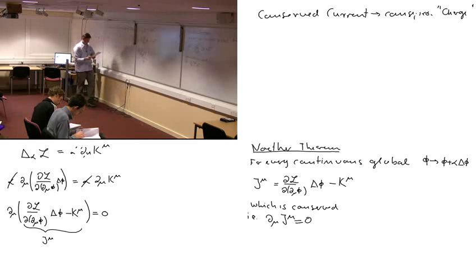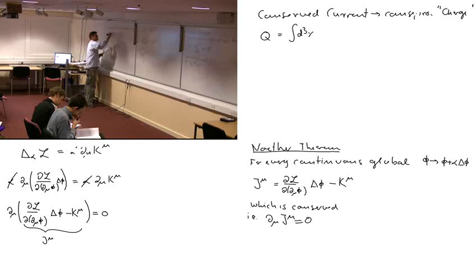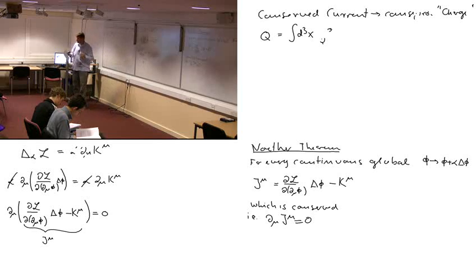And how do we do that? The conserved charge, Q, we want to define as the integral over all of space of J0. That this makes sense, you can see by comparing to electrodynamics.